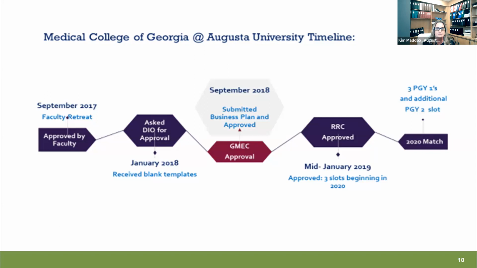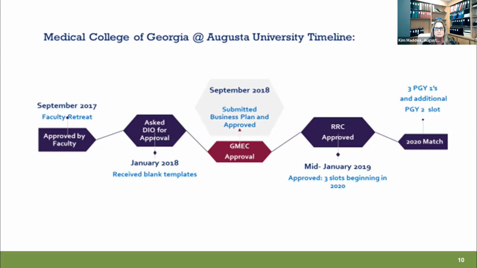Around January, we asked the DIO for approval, and he sent blank templates to work off of, requesting the same information as Nicole mentioned: demographics, budgets, and all that jazz. So we had until September.